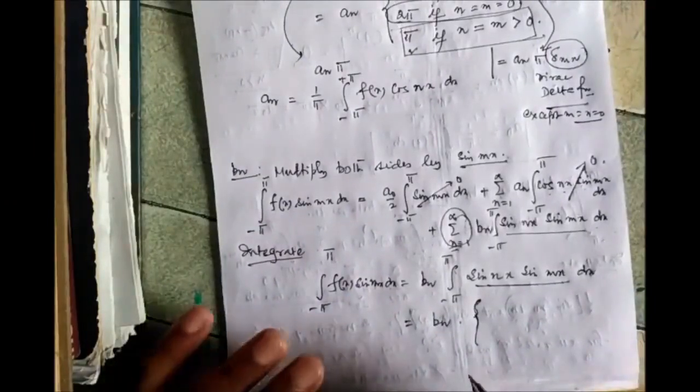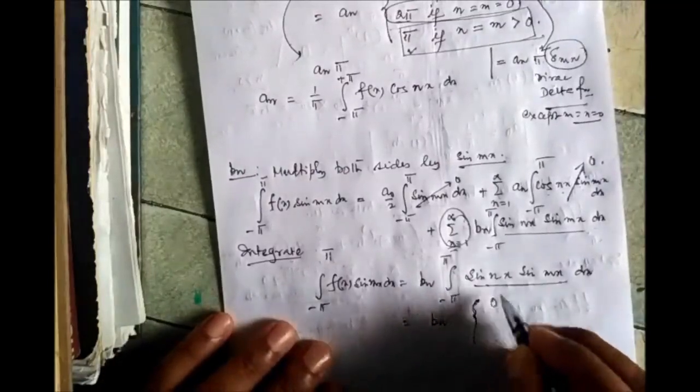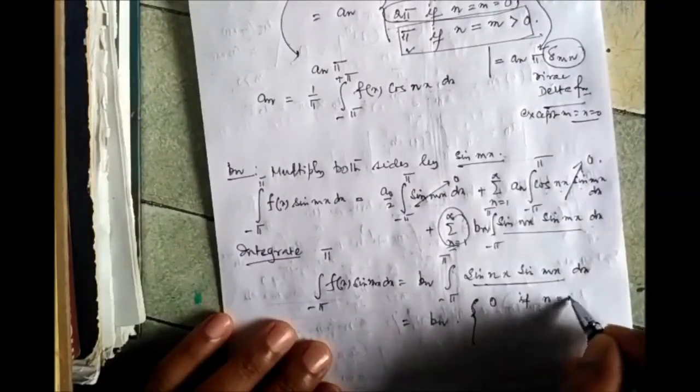Remove the sum. So for any particular value I can get Bn as integral minus pi to plus pi sin nx sin mx dx. So this gives me Bn, and this cross term has again a different form. This is 0 if n equal to m equal to 0.